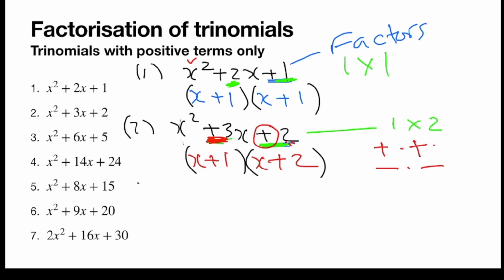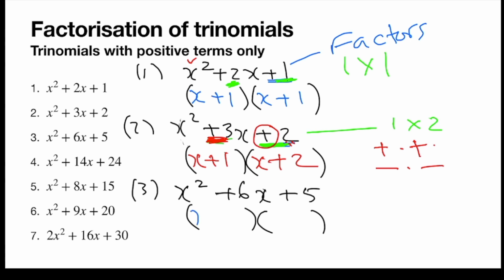Right, let's use that for number 3. Number 3 says x squared plus 6x plus 5. So do the same thing: draw the brackets. Then use the first term, which is x squared. X squared means x times x, so we put x here and x there.